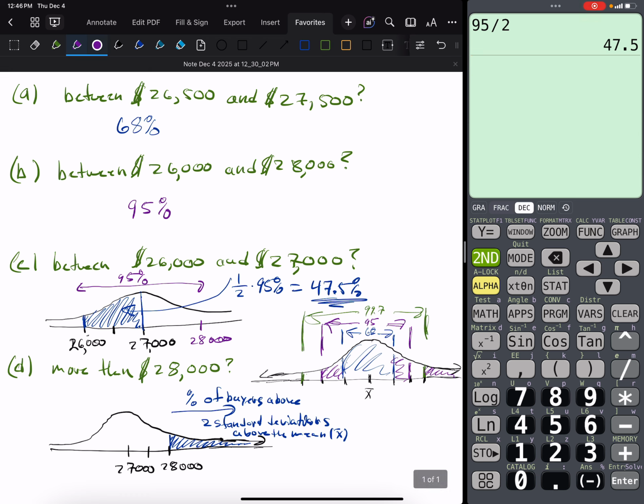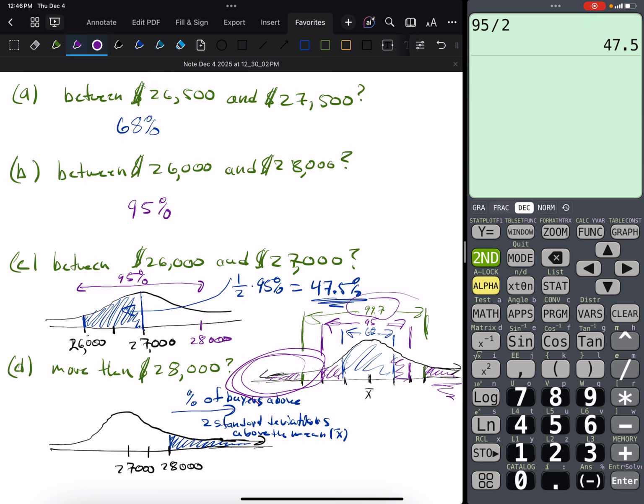Well, everything above and below this would be 100 minus 99.7. And so what I really want to do is 100 minus 99.7, but I don't care about this half that's down below. All I care about is this half that's above, so I divide it by 2. And because I'm ignoring the half that's below 3 standard deviations below the mean, all I care about is the part that's above 3 standard deviations above the mean.